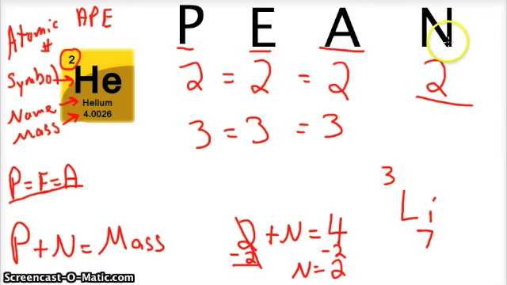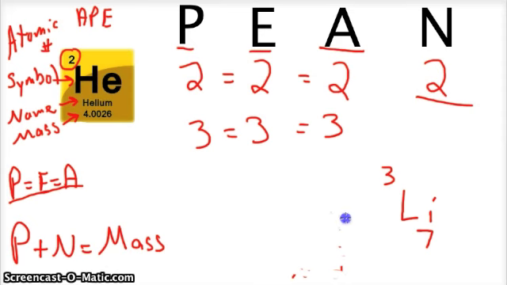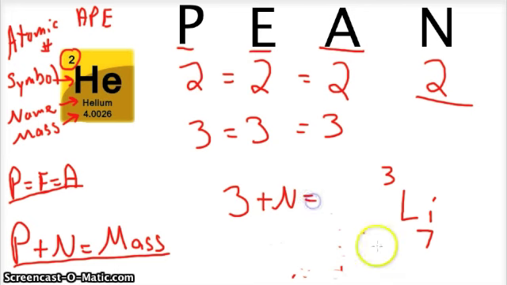But now if all of a sudden I wanted to find the neutrons, how do I find it? Well, let me erase this a little bit right here. Do you remember what equation we're going to use? This one right here. So how many protons does lithium have? Do you remember? 3. So it's 3 plus n, and the atomic number is 3, but the mass is 7.